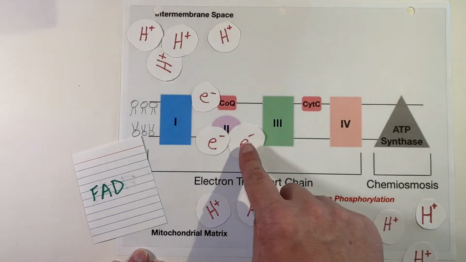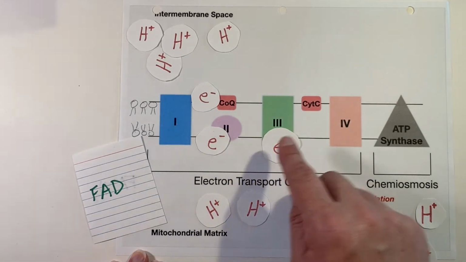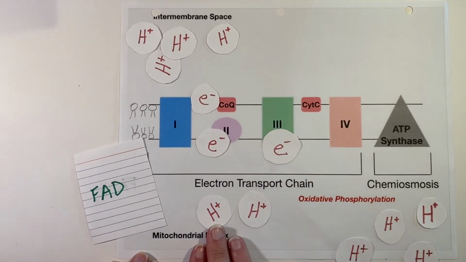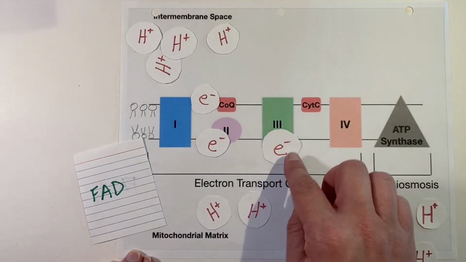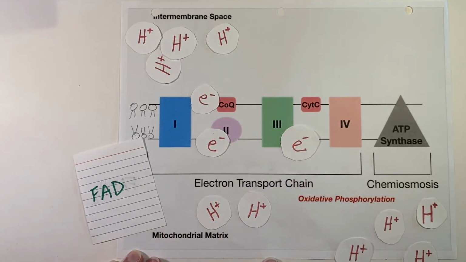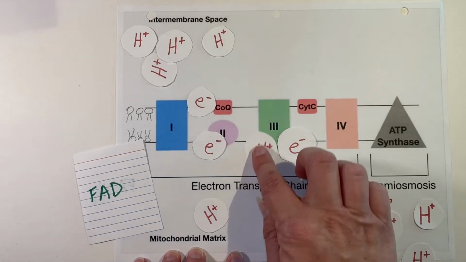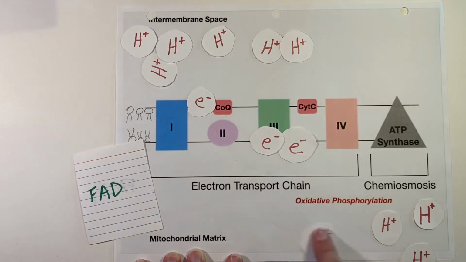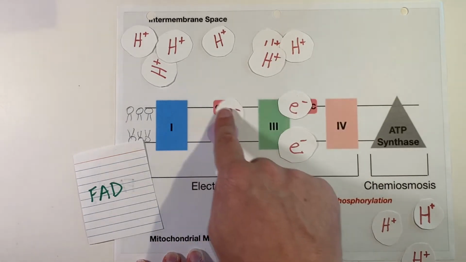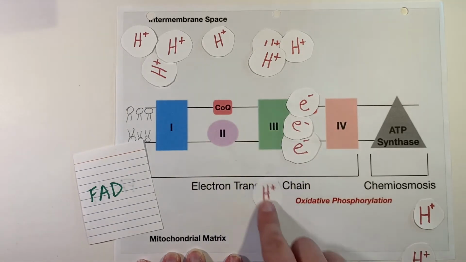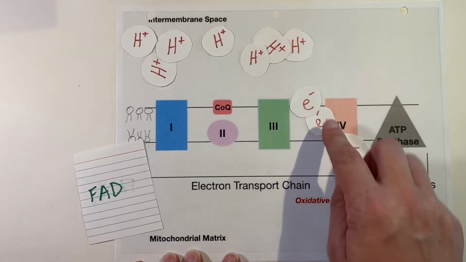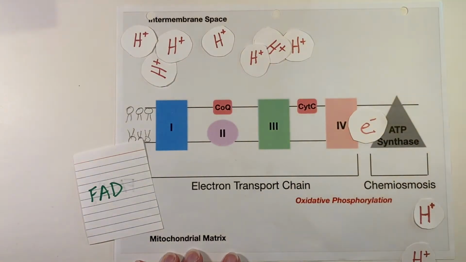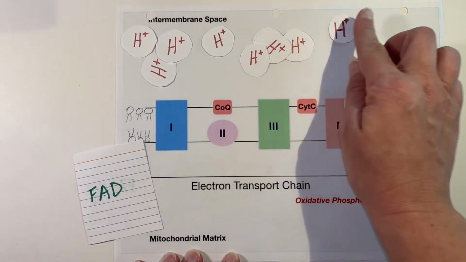Then these electrons are going to continue to move down the line to more and more beneficial or low energy pairings, and it's going to energize or charge up the battery of this protein complex 3, and some more hydrogens are going to go through, and this one will charge up and we'll get more hydrogens coming through, and they will move on down and charge up 4. We're going to consolidate here, and we're going to just pump all these hydrogens through.